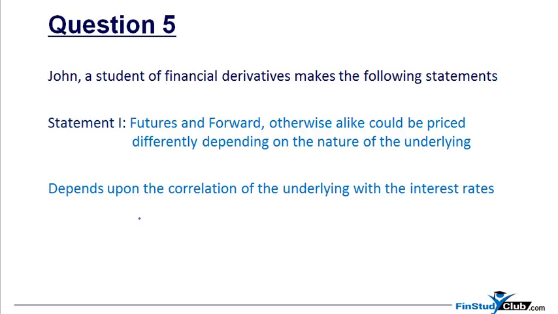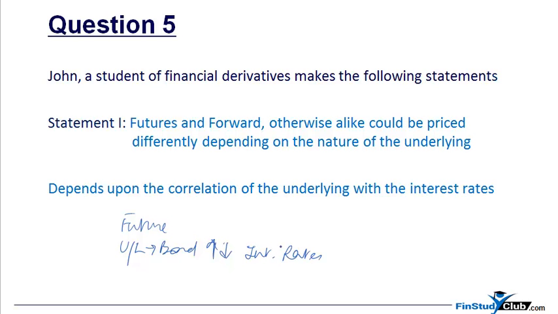Well, let's have a future where the underlying is, let's say, a bond. So I'm talking about an underlying which is a bond, and we all understand that a bond tends to have an inverse relationship with interest rates.